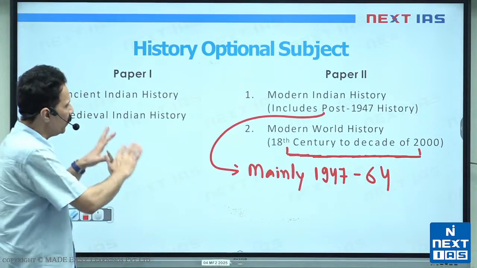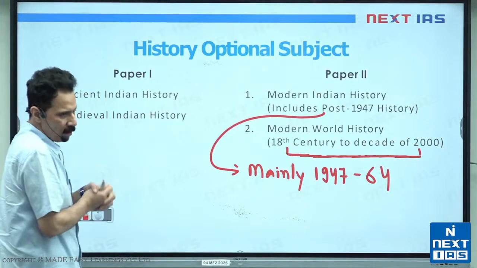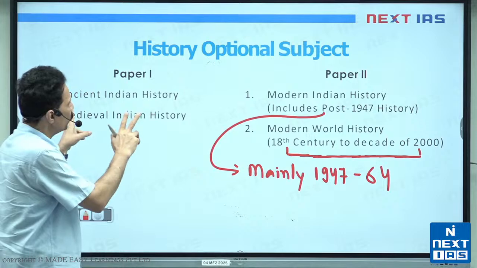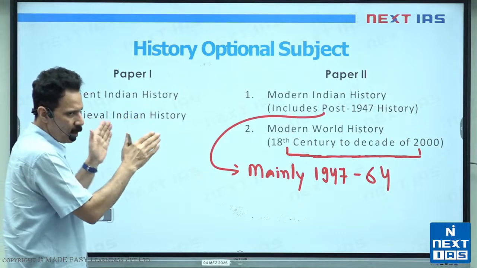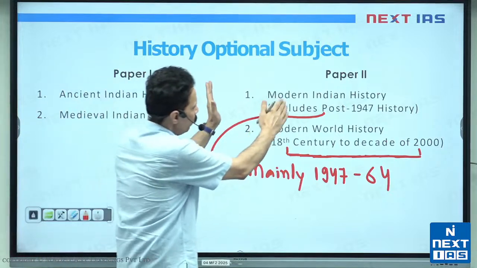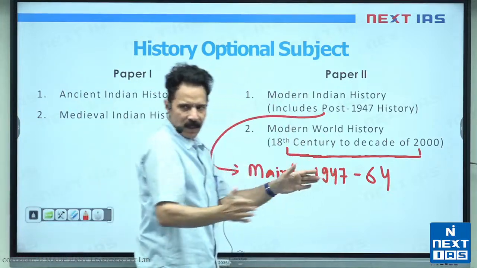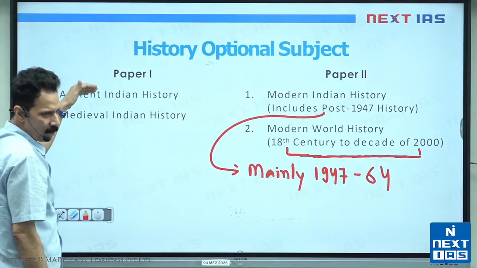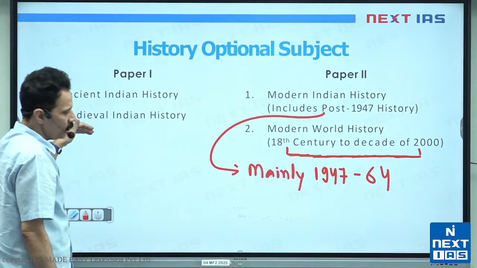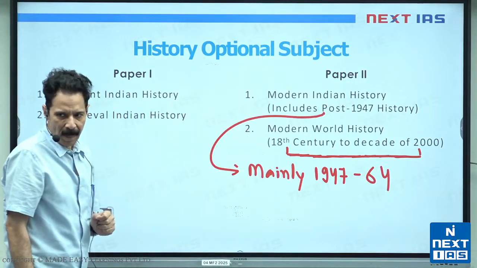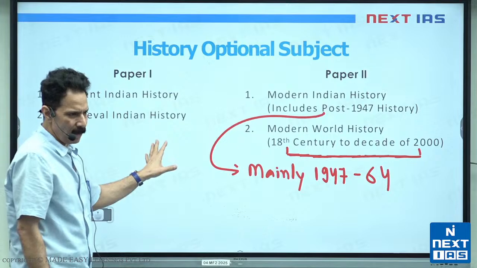So this way there are four sections constituting two papers, and marks-wise 250 marks each side, and you can bifurcate accordingly: 125 marks for ancient Indian history, 125 for medieval, and the same applies here. This is very clear.